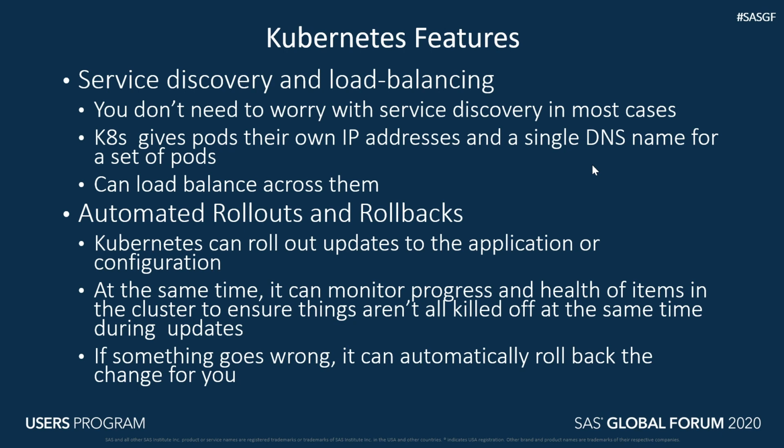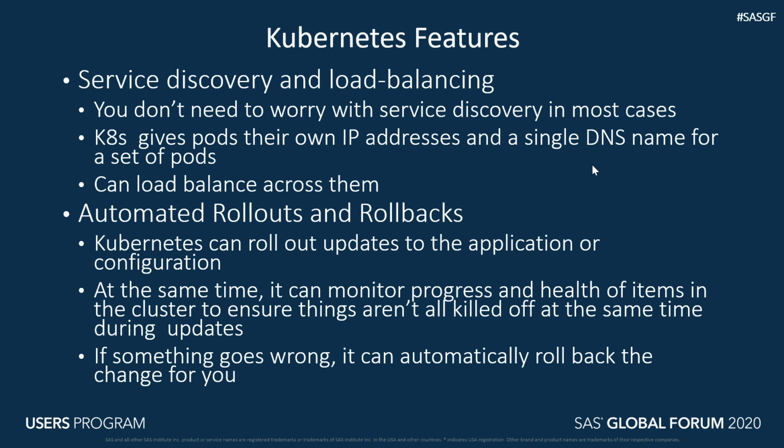Kubernetes, or K8s, gives pods their own IP addresses and a single DNS name for a set of pods. What is a pod? A pod is a construct that Kubernetes wraps around containers and any attached volumes. In Kubernetes, the pod is the lowest unit of granularity that we work with. Pods wrap around containers, and Kubernetes then manages pods.